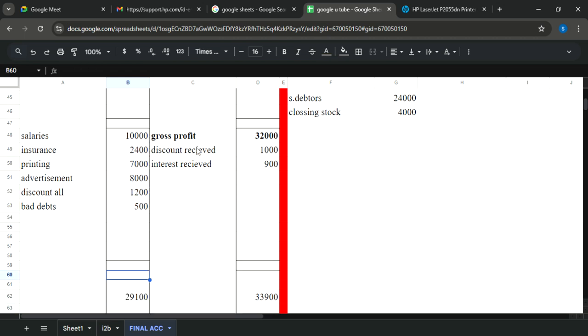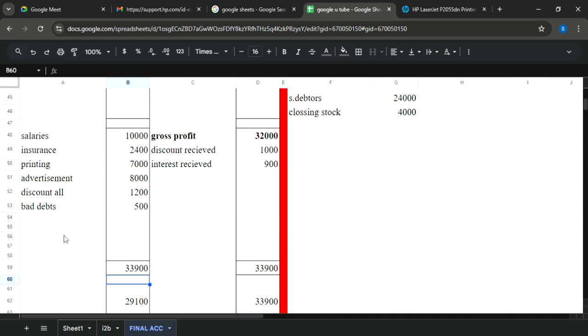The larger sum would be posted on the total of both sides, since the larger sum was 33,900, and the same amount would be posted on both sides. Here you will write the larger sum. Now choose the smaller side. This is your smaller side.